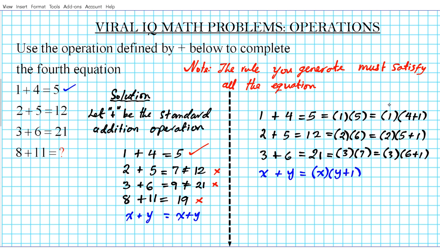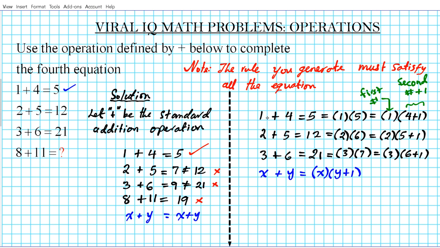Okay, so let's put that in here. So we have the first number, and then this multiplied by the second number plus 1. So that's basically what the rule is.